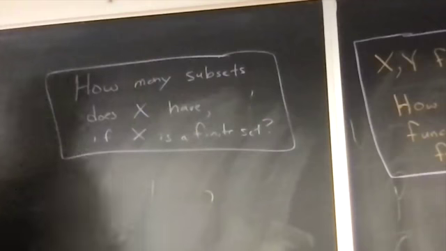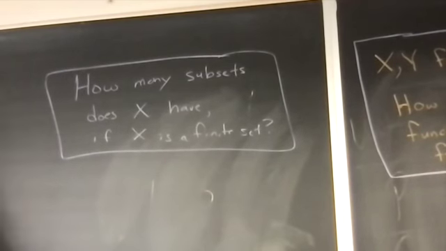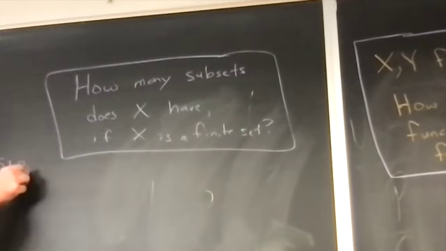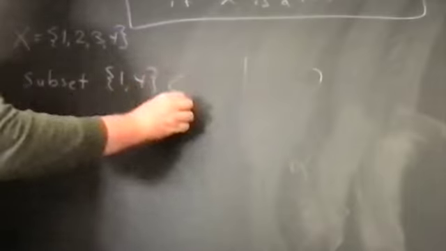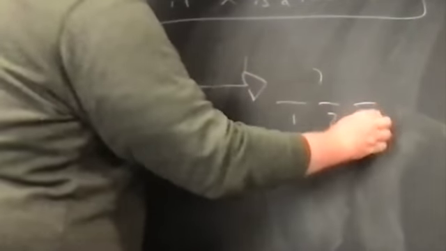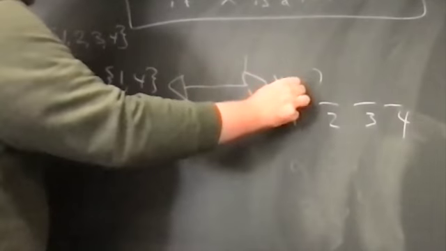For the one that you had, a 3-element set, that was just going to be brute force, listing them all out. But in general, we can be a little bit more sophisticated than that. You can think of a subset as a series of yes/no questions. So if I have 1, 2, 3, 4, and I look at the subset {1, 4}, I can think of that as corresponding to 1, 2, 3, 4 with 4 slots, and I'm saying yes, 1 is included in the subset.